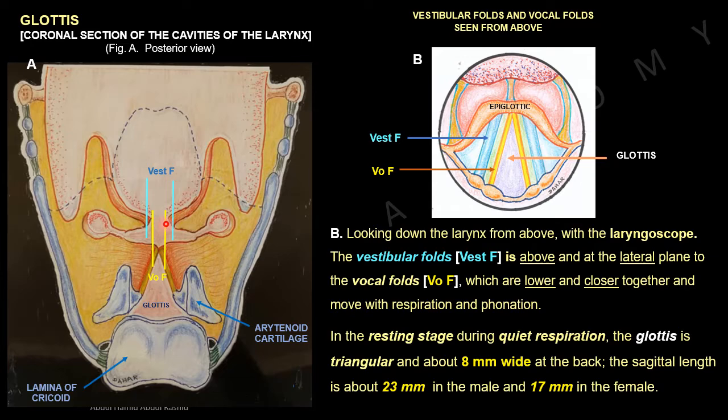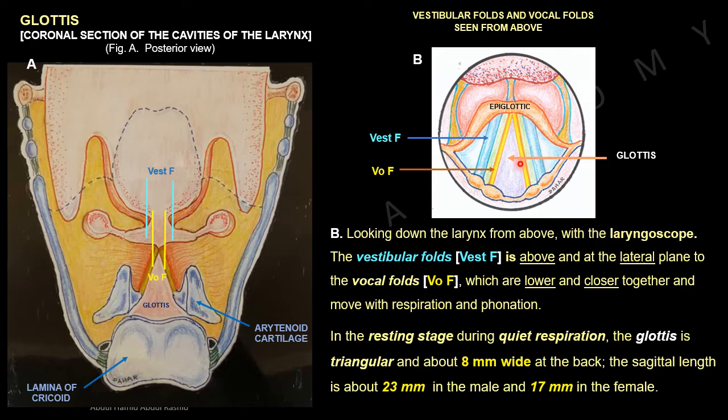You can see here. If you look from above, this is the picture taken looking through the laryngoscope from above. This is anterior, this is the base of the tongue, this is the epiglottis, and behind that you can see these two vestibular folds, wider here and above.